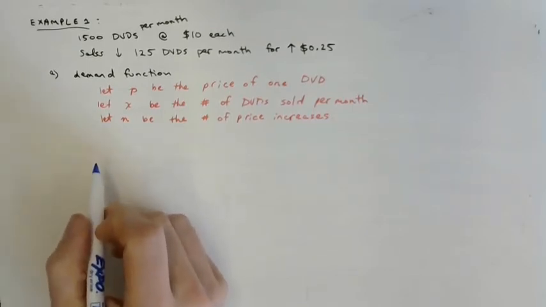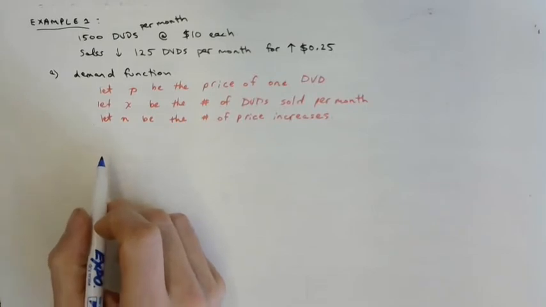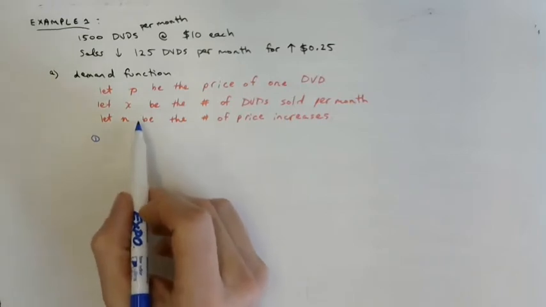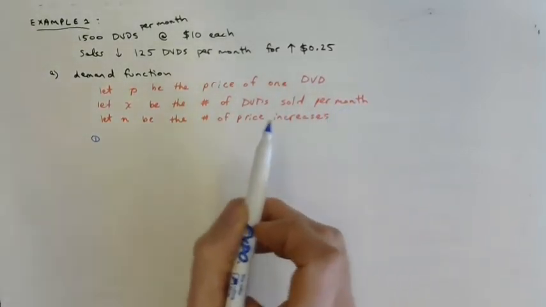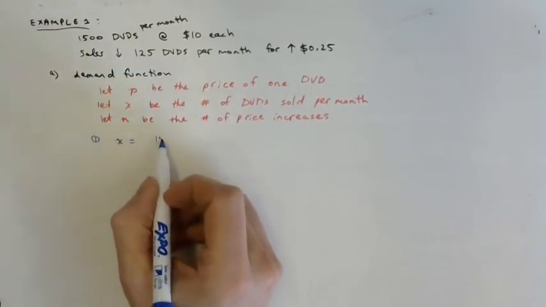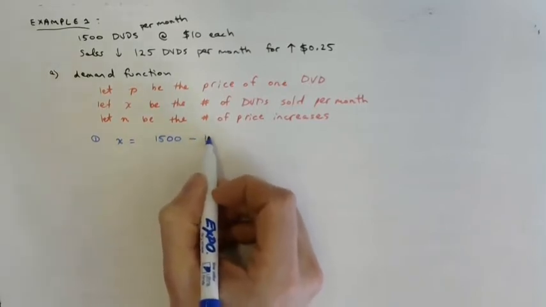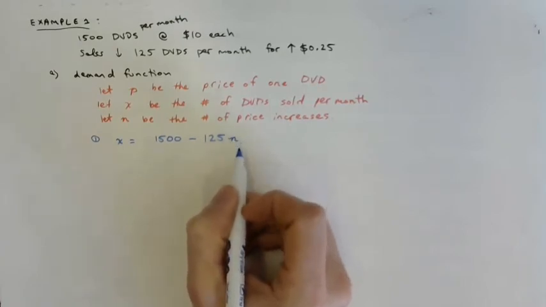Okay, in order to express p in terms of x, we actually need to use two statements, 2 equations here. What can we say? Well, if x is the number of DVDs sold per month, then we know that x equals, starting at 1,500, but it's going to go down 125 DVDs for every price increase.